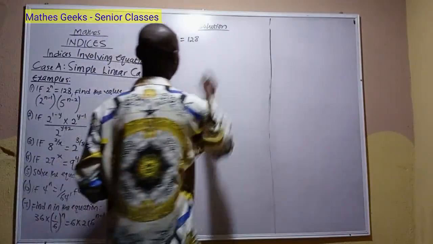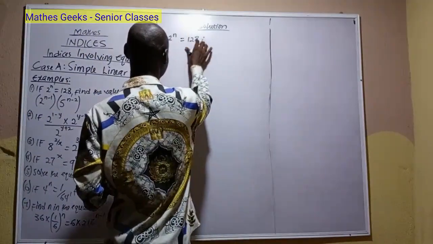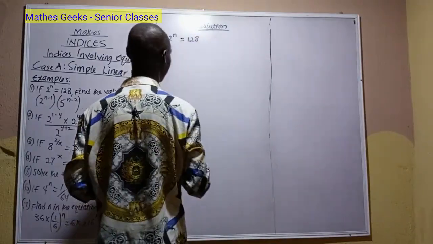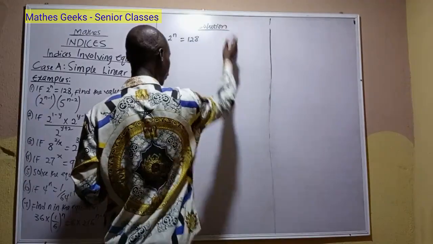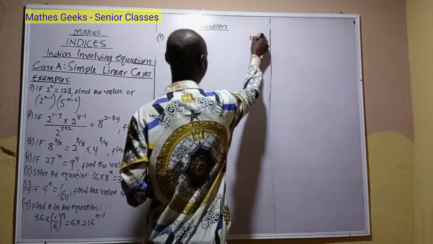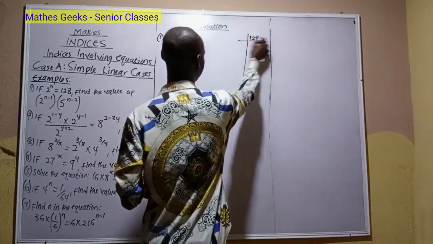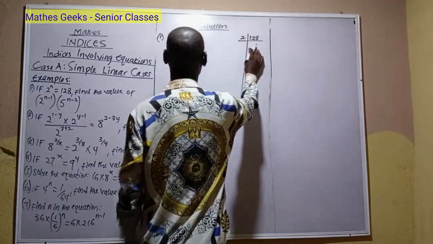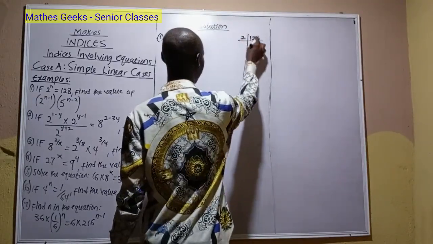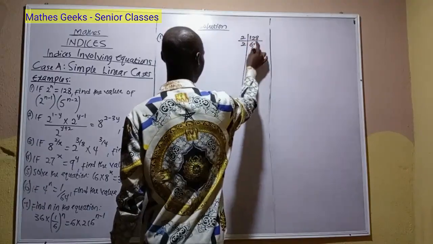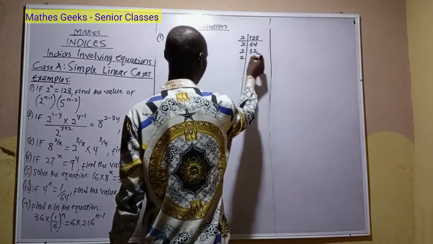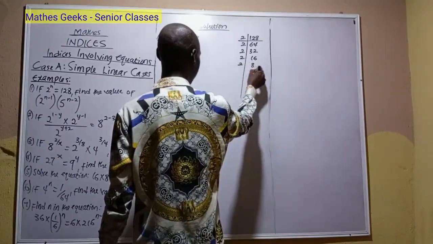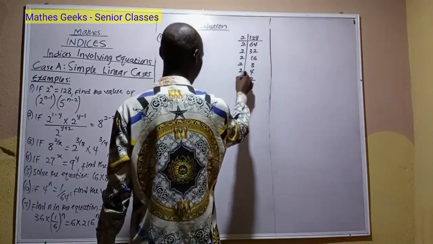So for us to do that, let's write 128 in index notation where 2 is the base. To do that, I want to divide 128 through by 2. 2 into 128 is 64, 2 into 64 is 32, 2 into 32 is 16, 2 into 16 is 8, 2 into 8 is 4, 2 into 4 is 2, 2 into 2 is 1.